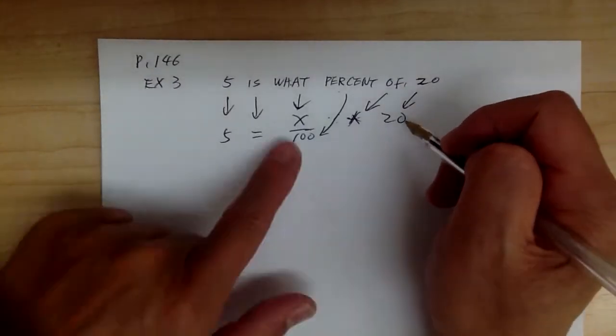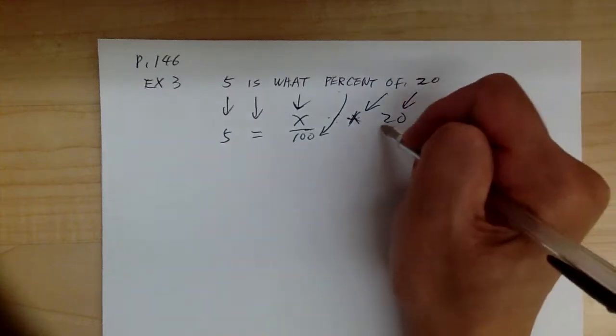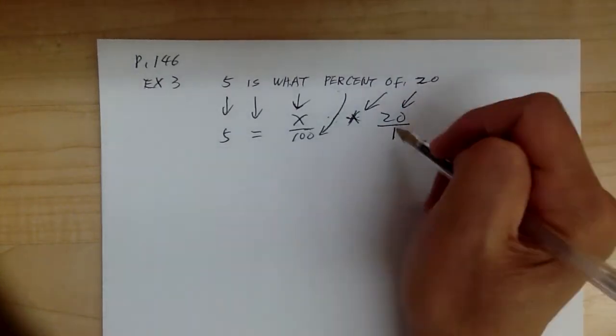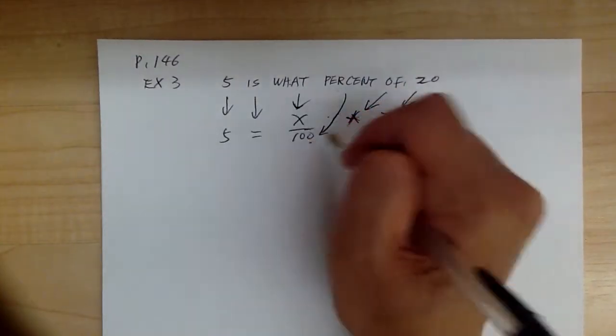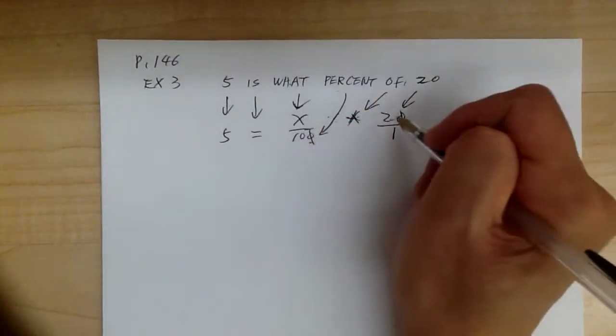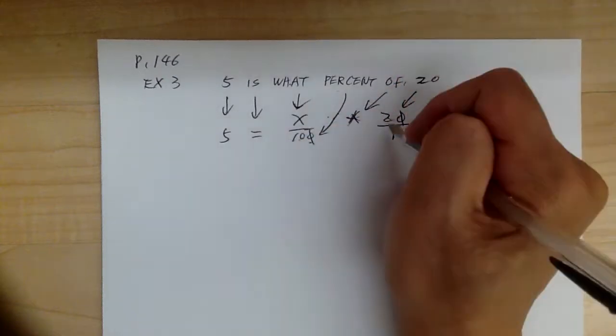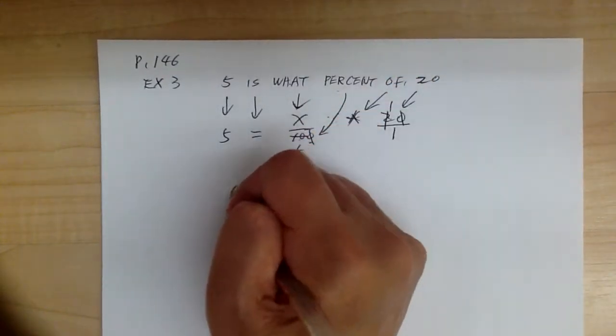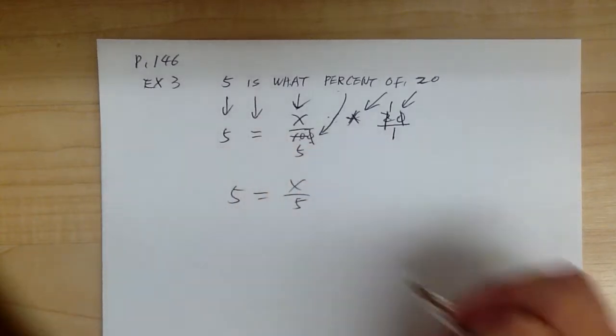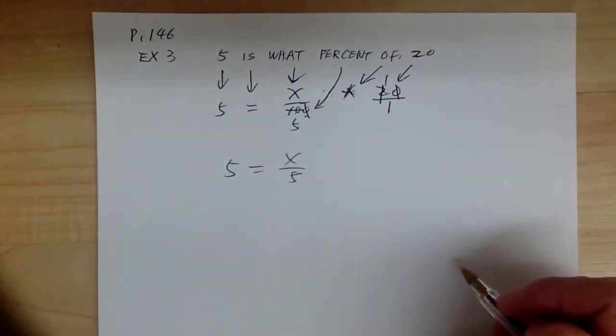So now let's solve for x. Let's put this over this, and cancel things out a little bit. So notice 20 and 100, you can cancel by 2, and 2 and 10, you can cancel by 2. So divide by 2, you get 1. Divide by 2, you get 5. So now you have 5 equals x over 5. Your next step is get rid of the 5.